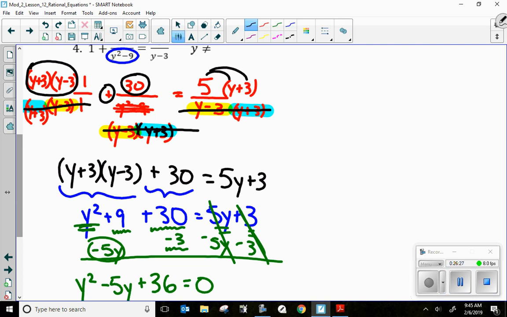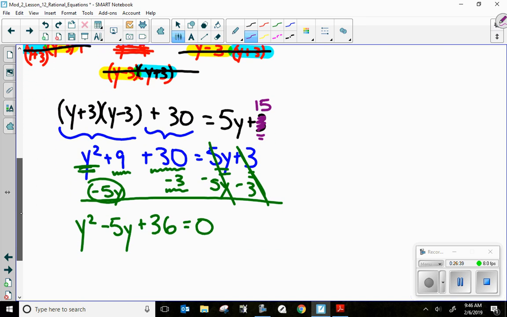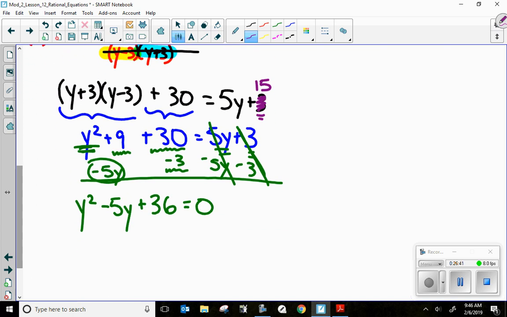What is 5 times 3? It's not 3. This should be 15. Maybe you caught that earlier and you're like, oh Visca, I got you. If you were in my class, I'd give you a Jolly Rancher. If you ever catch me making a mistake in class, I give you a Jolly Rancher.